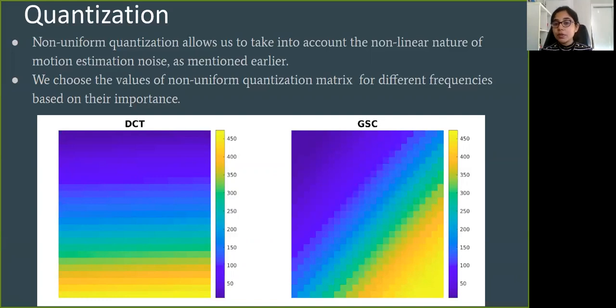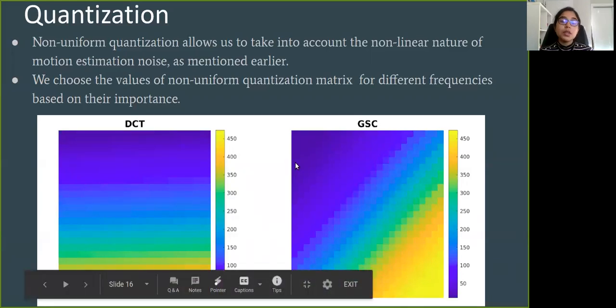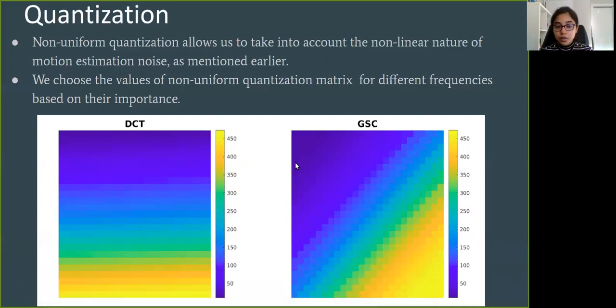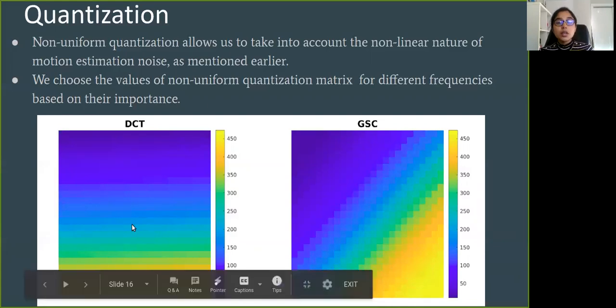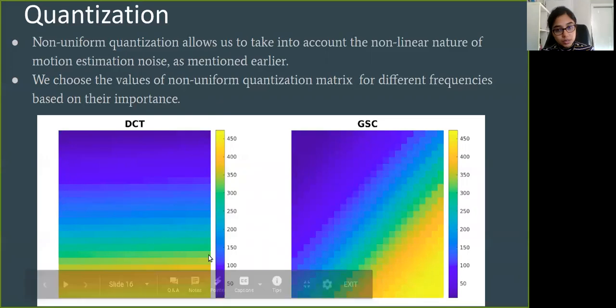So the highest frequency energies are the noise in the temporal domain. That's why we tried this kind of quantization, where we are trying to give more quantization in the higher temporal frequency. As you can see, the quantization in this case is increasing as the temporal frequency is increasing.